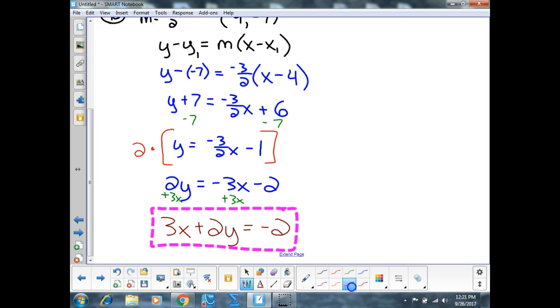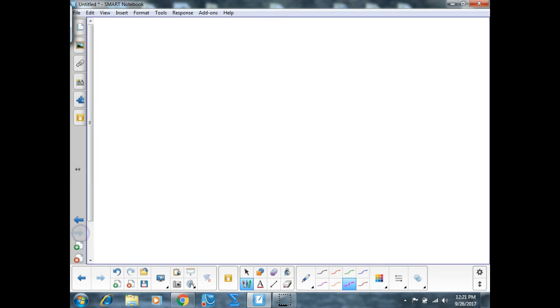Number 40. Can you be a little more specific about 40? It's the same type of problem. Okay. M is equal to -3. Okay. Do I know my slope? Yep. And in this case, I have my b also, right? So I can go right to, instead of point slope form, I'm going to go right into y equals mx plus b.